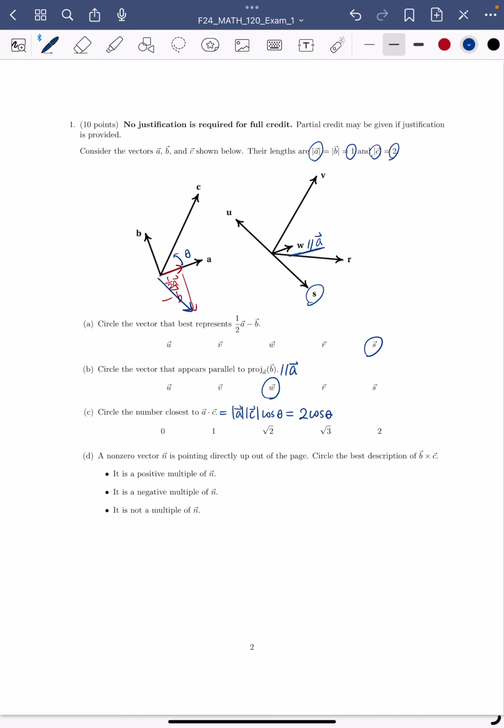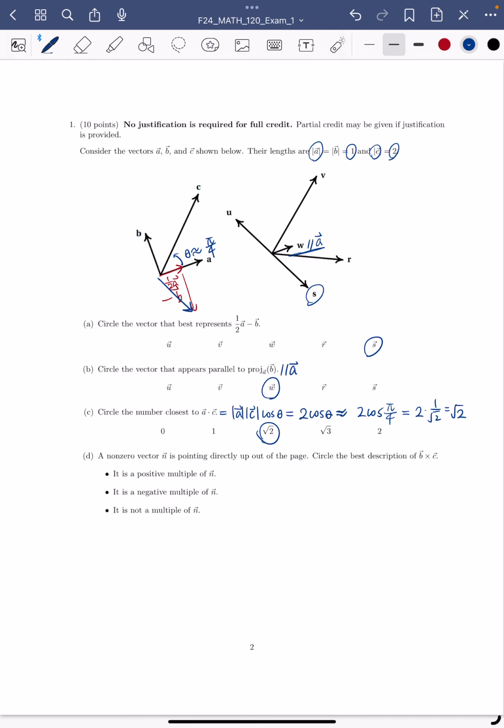Now we have to approximate this theta. Theta is approximately, I would say, pi over 4. So cosine pi over 4 is 1 over square root of 2. So 2 times that gives you square root of 2.